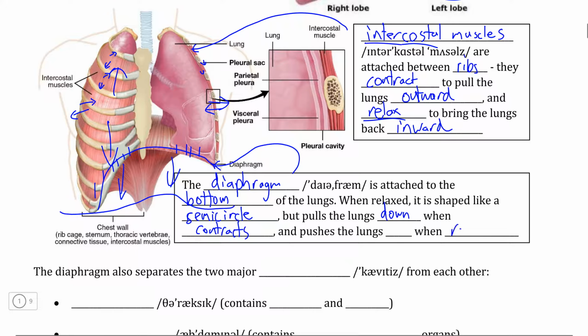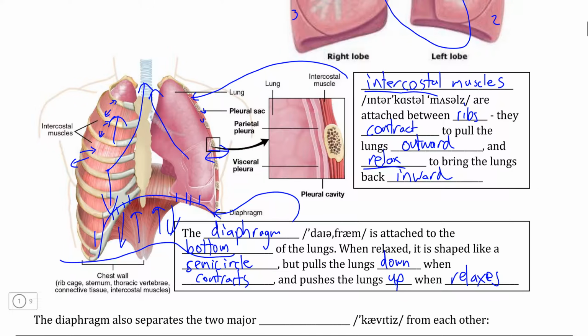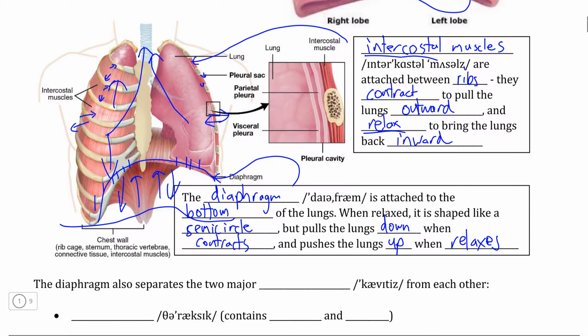But when the diaphragm relaxes during the exhale, it pushes back up to the relaxed position, therefore squeezing the carbon dioxide that is in the lungs out of the lungs and pushing that air out when the lungs are pushed back up on the exhale. So if you didn't get the details about how the contraction and relaxation of the intercostal muscles and the diaphragm work, don't worry, because that's the entire focus of the next video in this series.